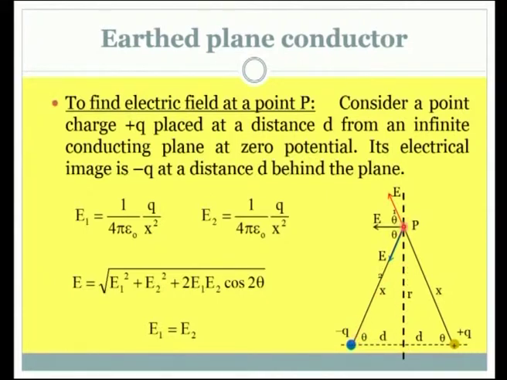We have chosen a point on the axial line itself. We can take the 2 distances as x here because it is symmetrical, and this is the electric field due to the positive charge. This is the electric field due to the negative charge.